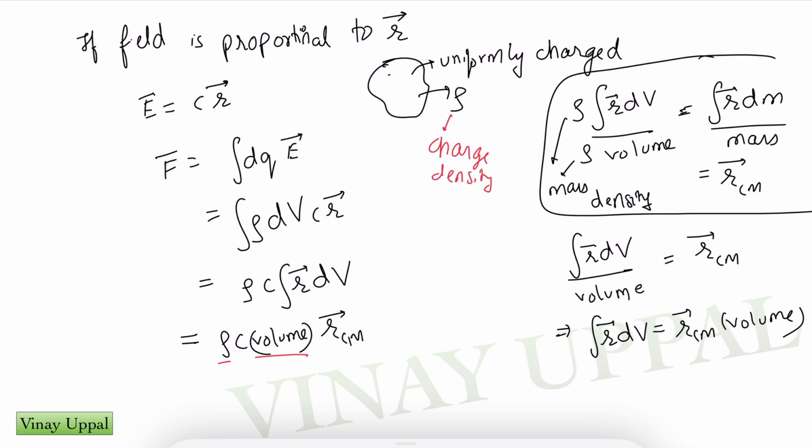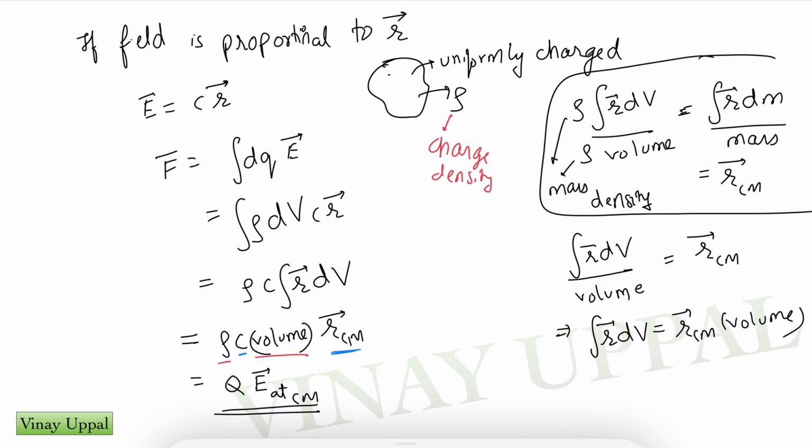So I can write my charge density into volume as the total charge. And what is C times RCM? Can you see that is nothing but the electric field at the center of mass? So basically the force is simply the charge of the body times the electric field at the center of mass, and this happens when the electric field is proportional to r vector, which is a position vector.